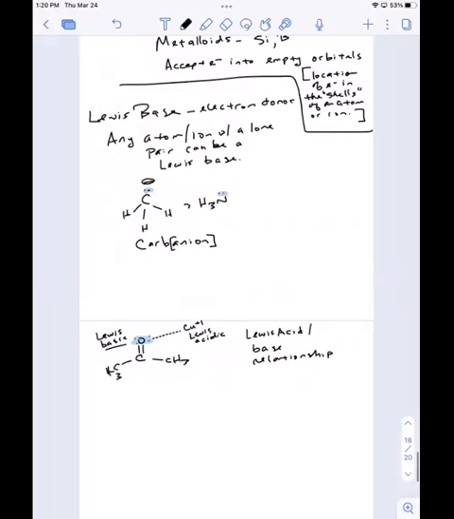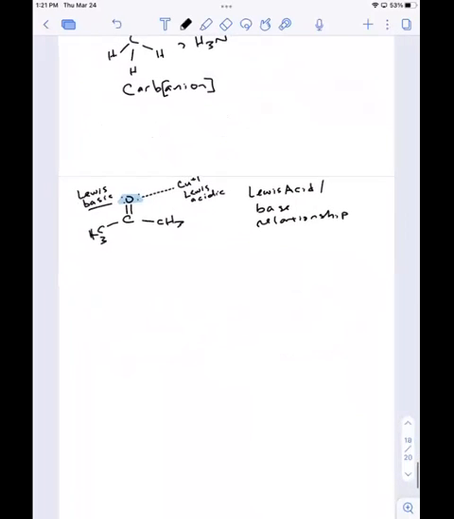All right. So now we're going to shift gears and talk about the traditional concept of acids and bases, which we know as Bronsted acids and Bronsted bases. Let me introduce the acids first. We're going to talk about some other pieces to this concept as well when we talk about acid-base reactions.